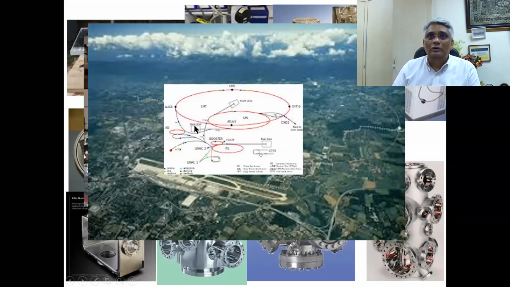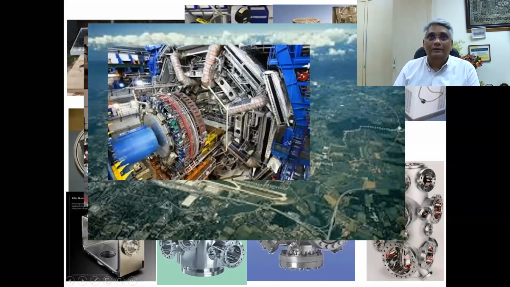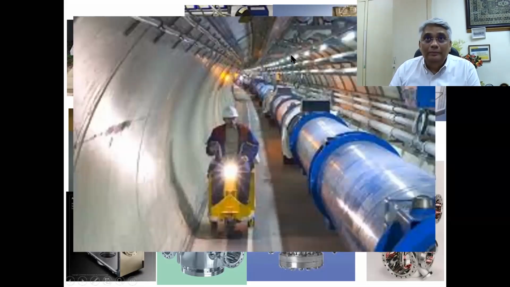And these beams go around in these 27-kilometer circles. And then you see the inside of these beam areas. See that? It's all curving.